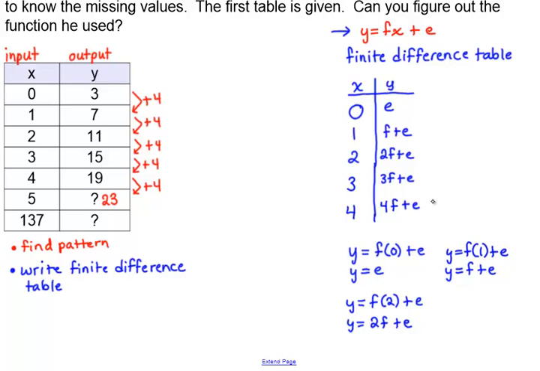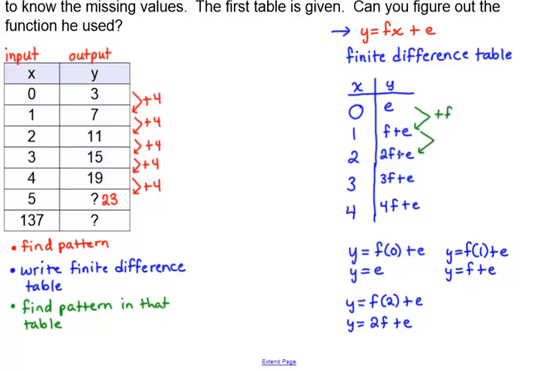So then once we write the finite difference table, we're going to find the pattern in that table. Okay? So from there to there, we added f.